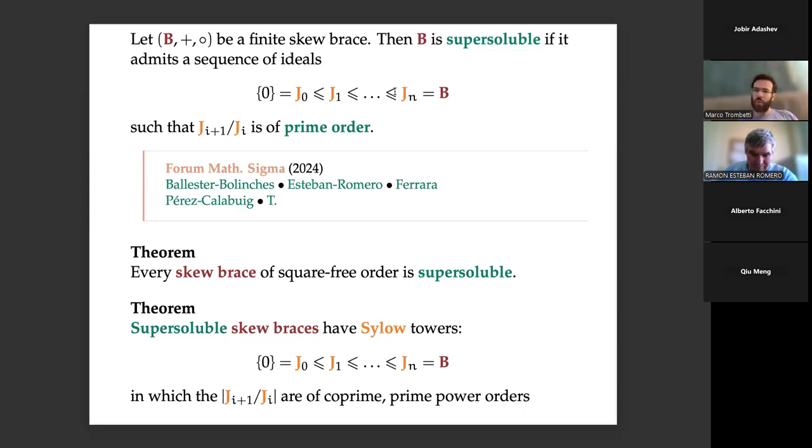So you can always do it in such a way that the prime 2 appears on the top of this chain. This is just the meaning of Sylow towers. You can get those things appearing here and not on the bottom, on the left.